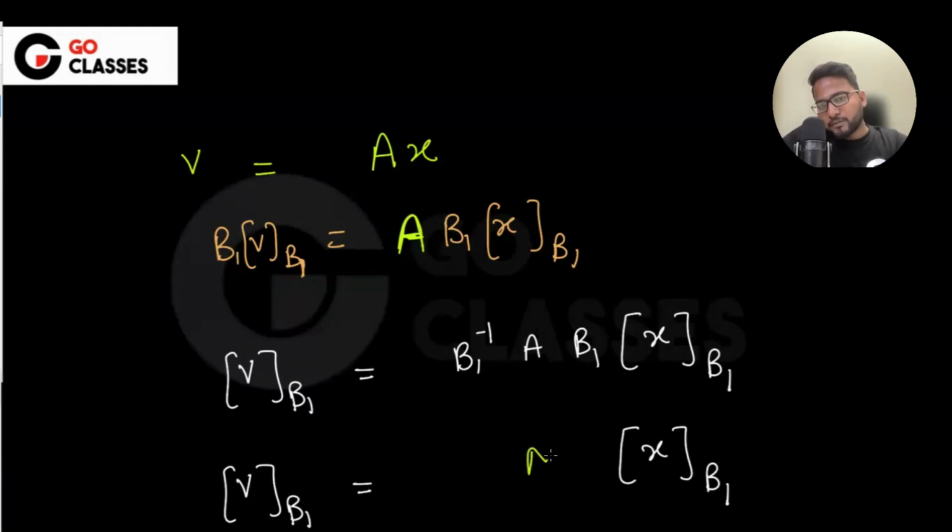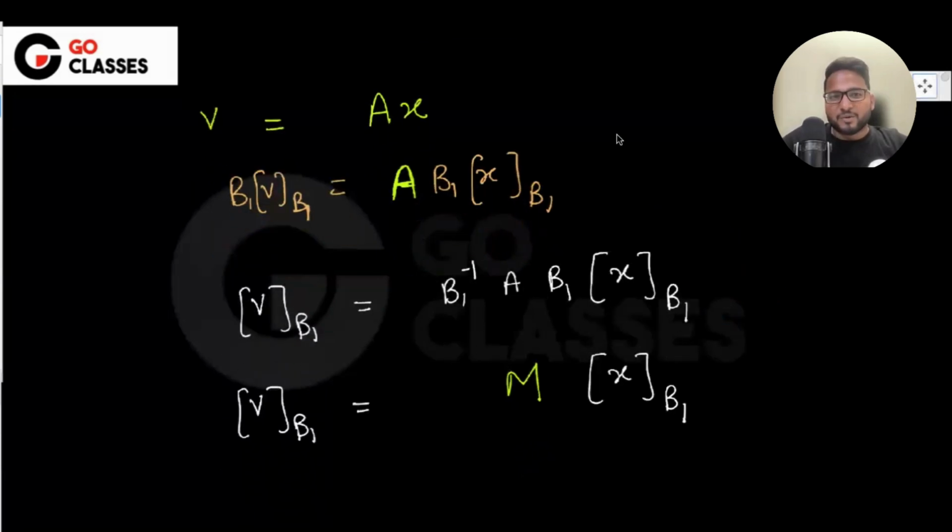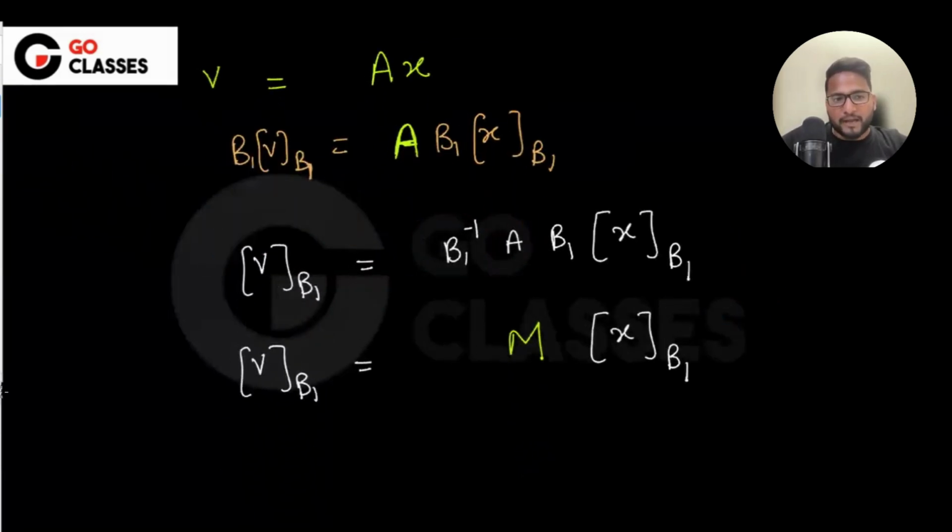It takes, let's suppose, the matrix M. It takes the input in the B1 basis, and then does the transformation, and then finally whatever it is giving you, that vector is in the B1 basis. So finally I found my M, because that was my aim basically. Right? So what is the M? M is nothing but B1 inverse A B1, right?